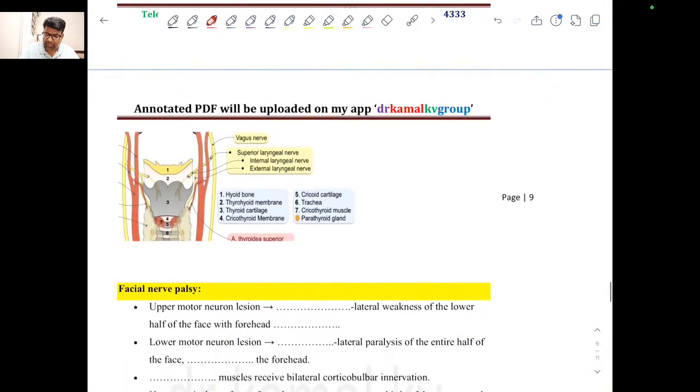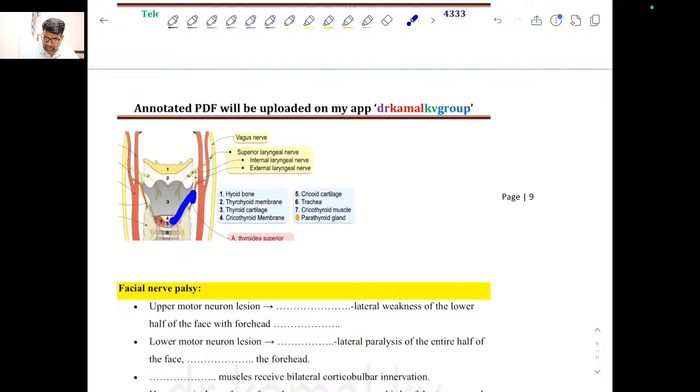And yes, this is the diagram here. You can see this is the superior thyroid artery, right, going to the thyroid gland, and this one is the external branch of superior laryngeal nerve which is going towards the cricothyroid muscle.